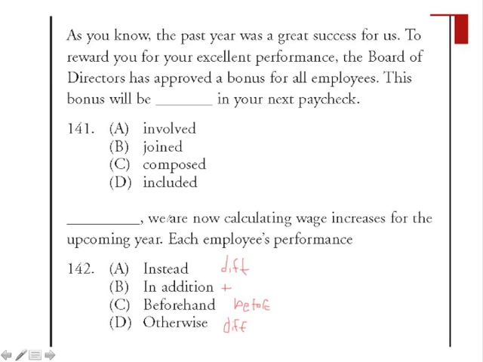So first, let's read the sentence. "Blank, we are now calculating wage increases for the upcoming year." So how would this connect to the information before it? Well, we said the bonus will be included in the next paycheck.